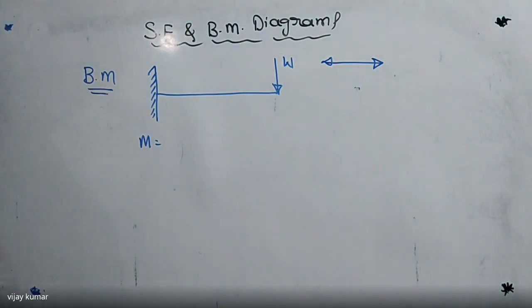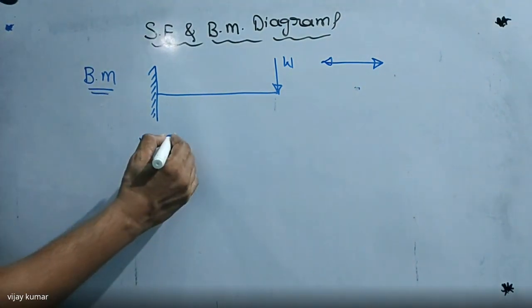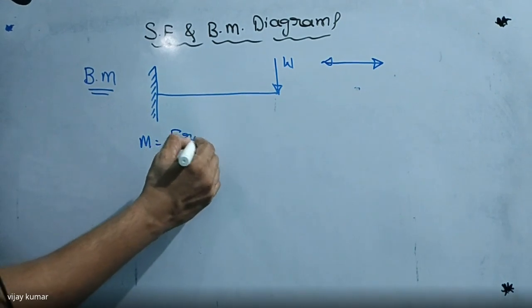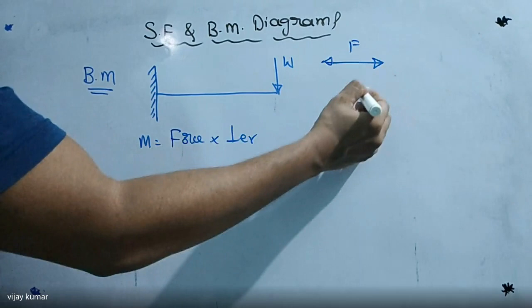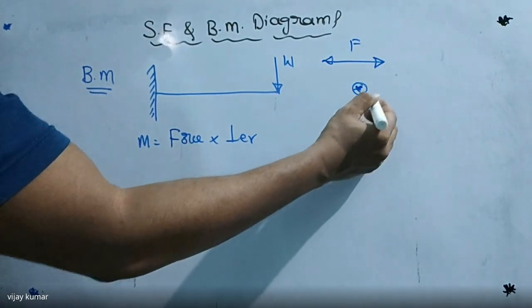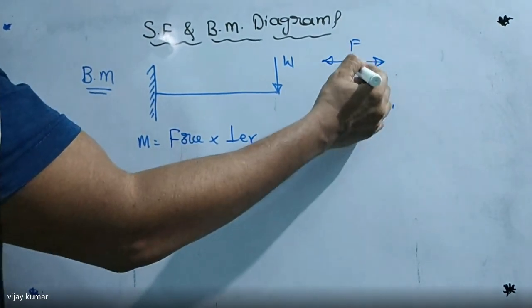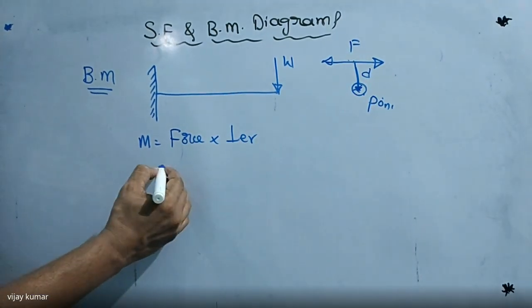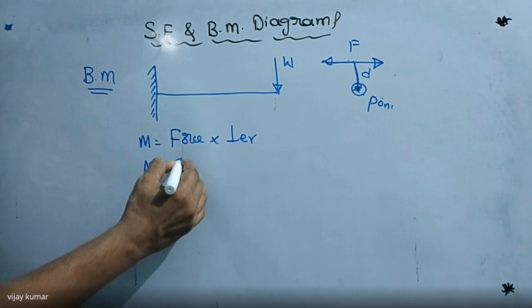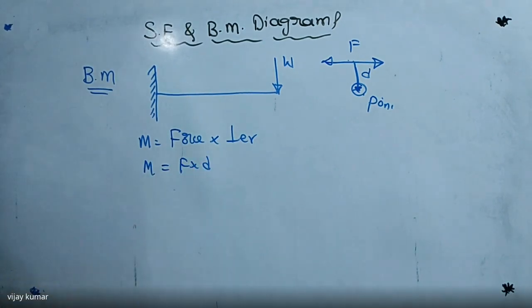Moment is nothing but force into perpendicular distance between the force and the reference point. This is the reference point, the perpendicular distance between the force and the reference point, that is F into D. So I'm writing here, moment is nothing but force into distance, that is the perpendicular distance.